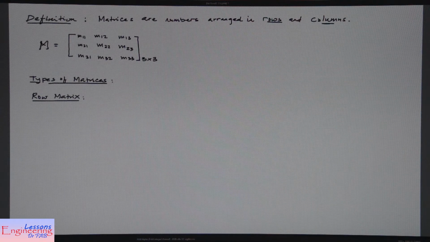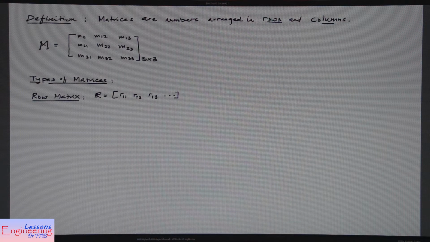So therefore, we can take, for example, matrix R can contain R11, R12, R13, and etc. So in this case, we see that matrix R is only made up of 1 row and many columns.